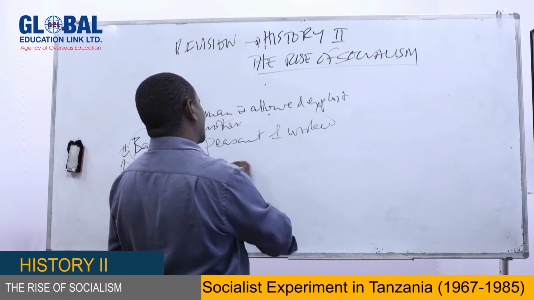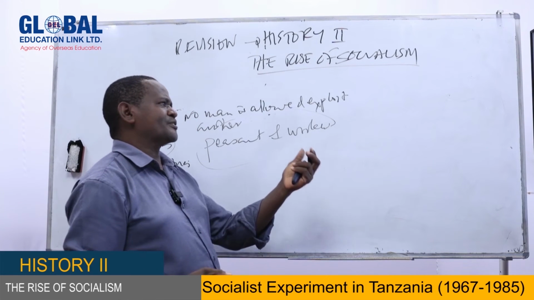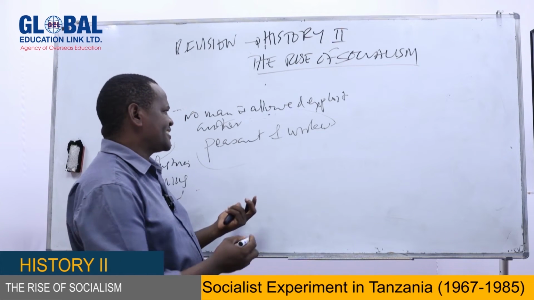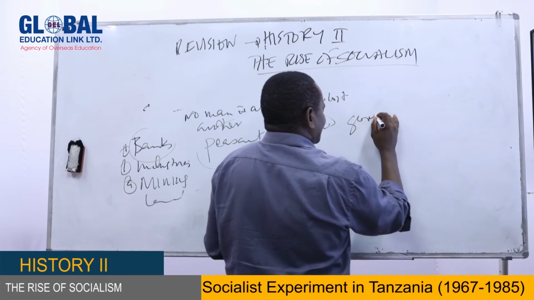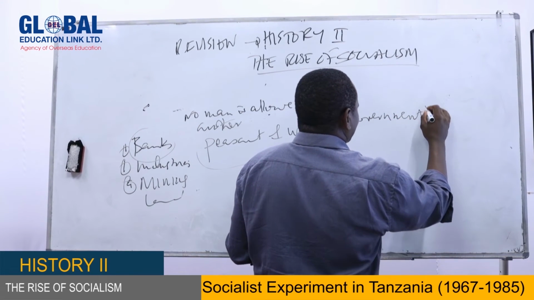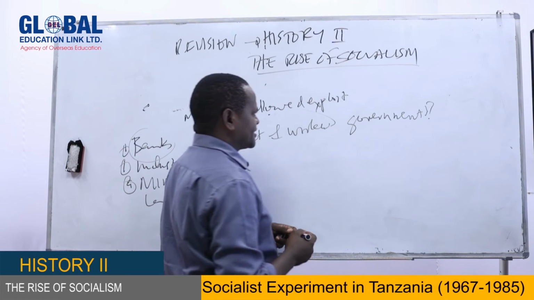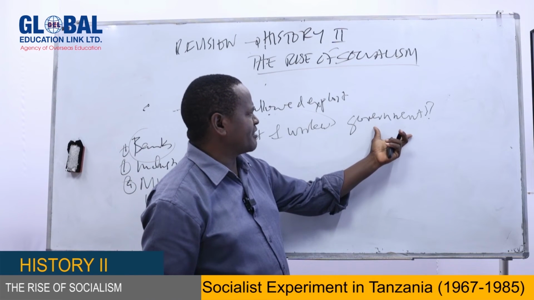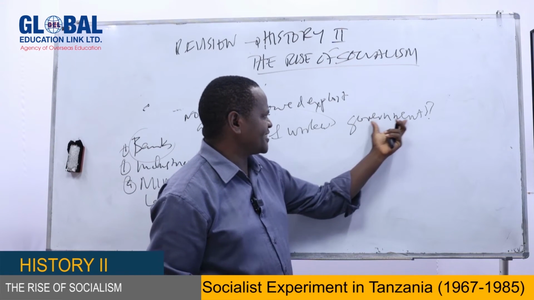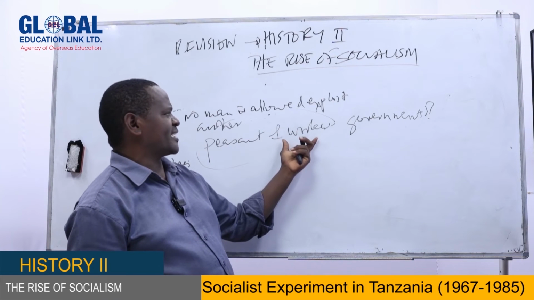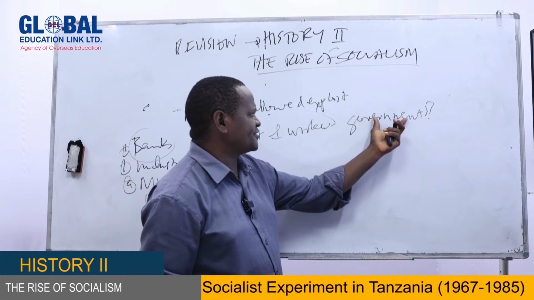Remember, under this principle of socialism, they could have said they have to be put under government. But then the question is, what is this government? That's why they said they have to be put under peasants and workers. Remember, government is here to lead.